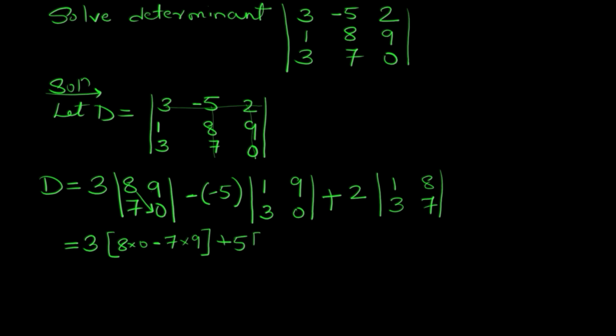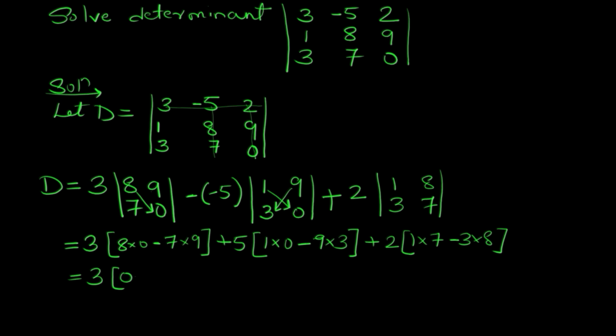Now in the same way, multiply 1 into 0, minus 9 into 3, bracket close, plus 2, 1 into 7 minus 3 into 8. 8 into 0 is 0, 0 minus 7 times 9 is 63, so minus 63. Plus 5, 1 into 0 is 0, minus 9 times 3 is 27, so minus 27. Plus 2, 1 into 7 is 7, minus 3 times 8 is 24.